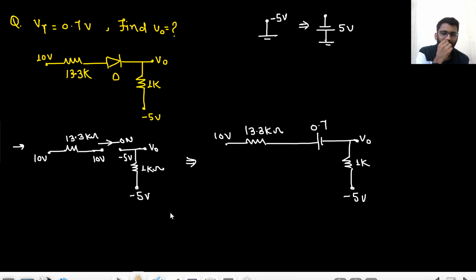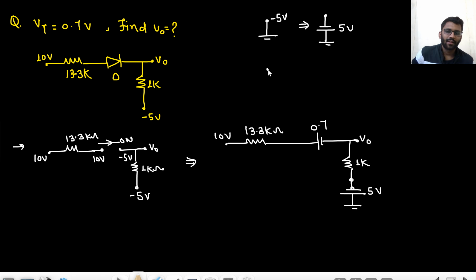If I am writing minus 5 volt here, that means from ground to here this is my 5 volt battery, because this is grounded here, and from here to here I am having minus 5 volt. Are you getting my point? Right?